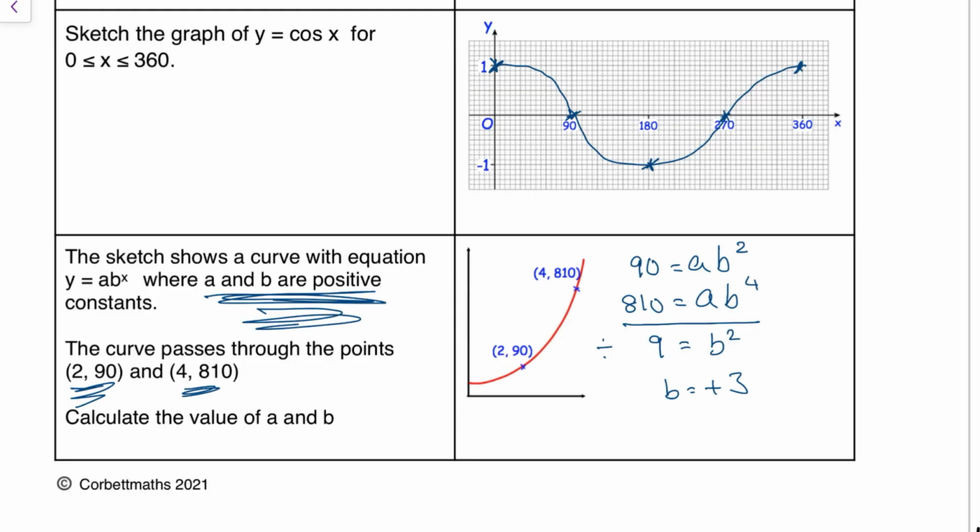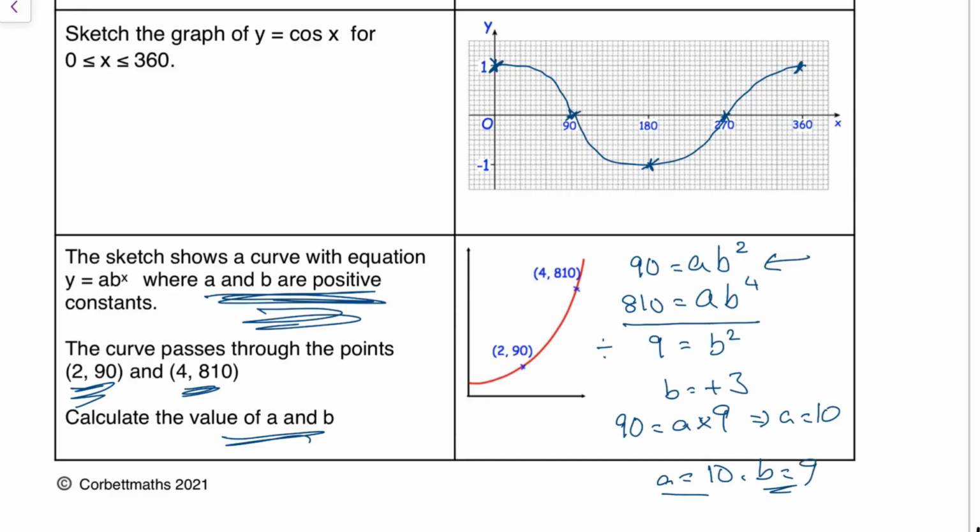So if b equals 3, I'm going to use the first one again: 90 is equal to a times b squared, which is 9, which means that a must be equal to 10. What does it want? Find the value of a and b. Well, I've done that. So a is equal to 10 and b is equal to 3.